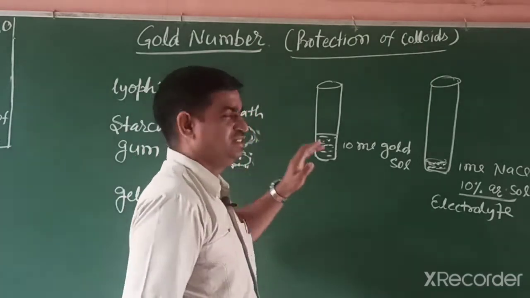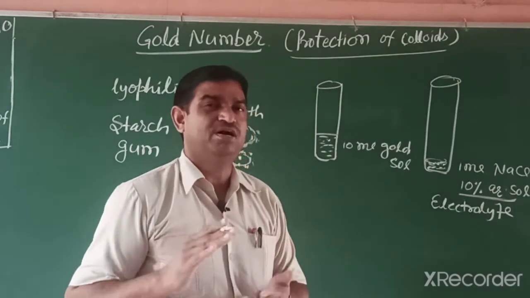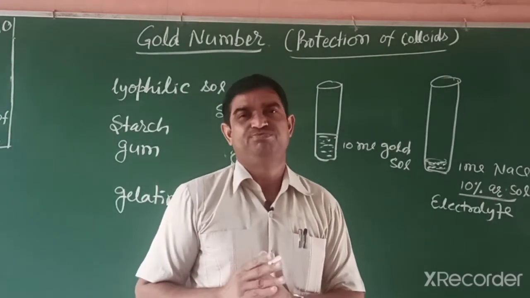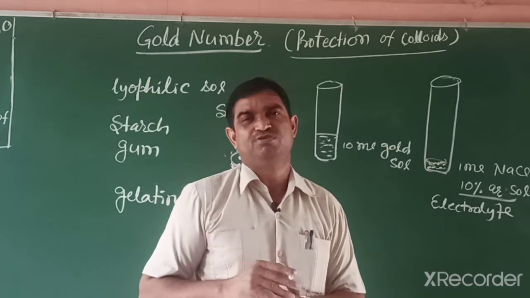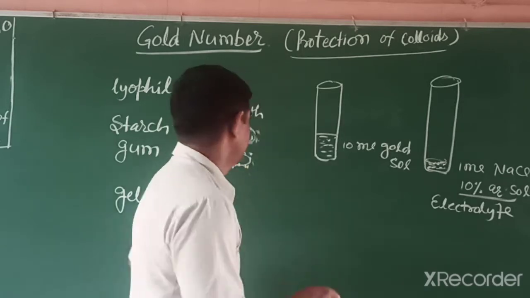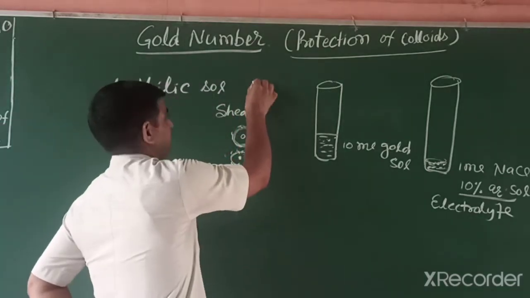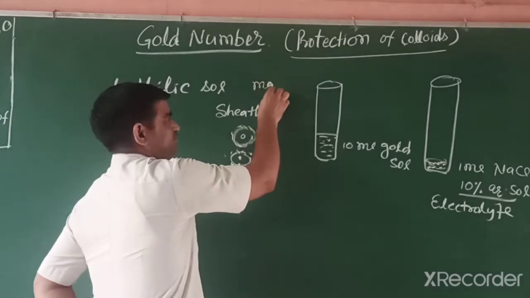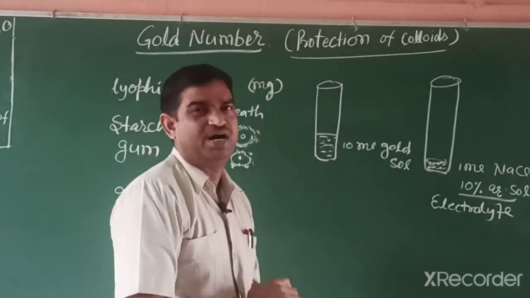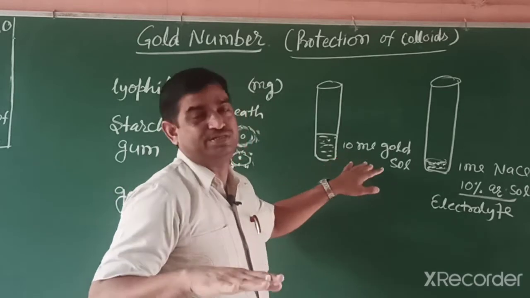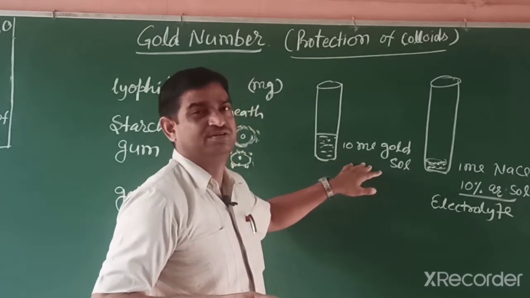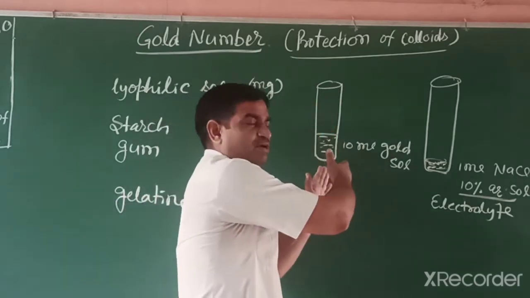So gold number is a measure: the minimum amount of any lyophilic sol, in milligrams, that is required to prevent coagulation or precipitation when 1 ml of 10% aqueous sodium chloride solution is added to 10 ml gold sol.